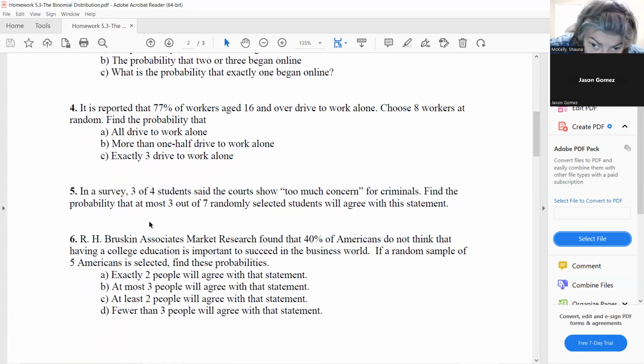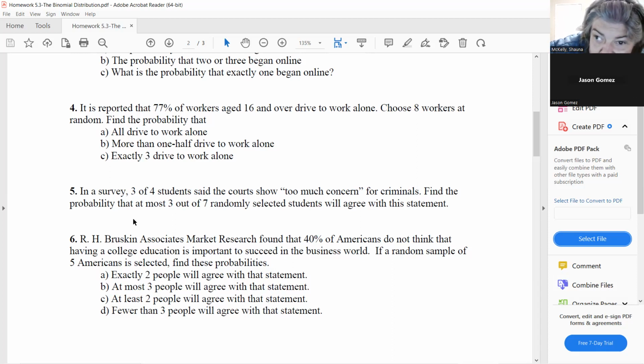So how do we start this? What do we need to be able to find probability? We need to know what P is.